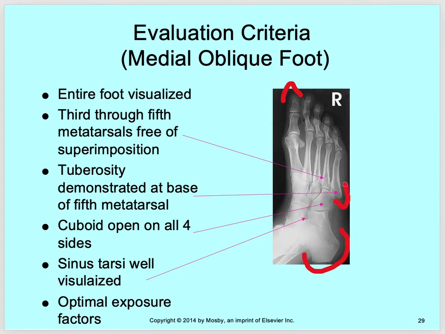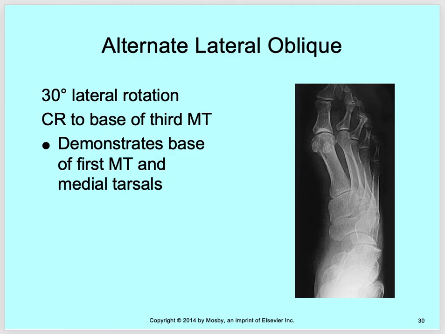This is very well demonstrated there. Your cuboid is open on all four sides: 1, 2, 3, 4 on that cuboid. Your sinus tarsi is seen very well right there. And then optimal exposure factors, all your shades of gray throughout the entire foot.